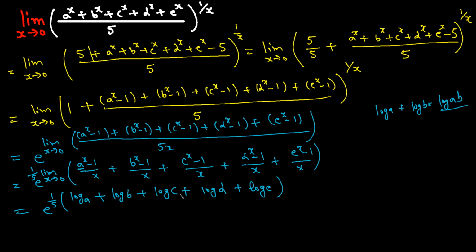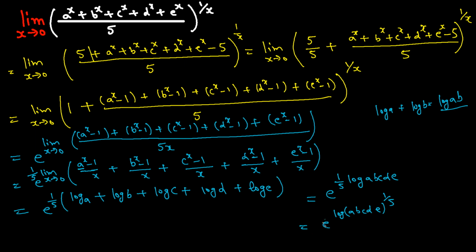So this basically can be written as e raised to power 1 over 5 and log of a, b, c, d, and e, which can be rewritten as again e raised to power log natural a, b, c, d, and e raised to power 1 over 5.